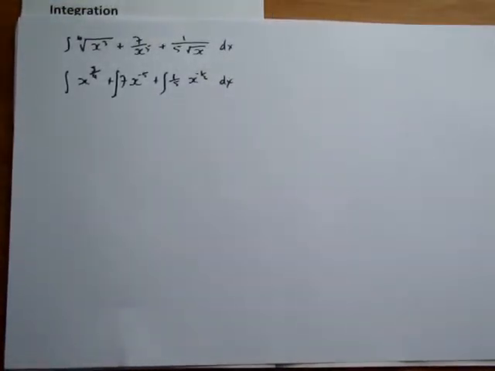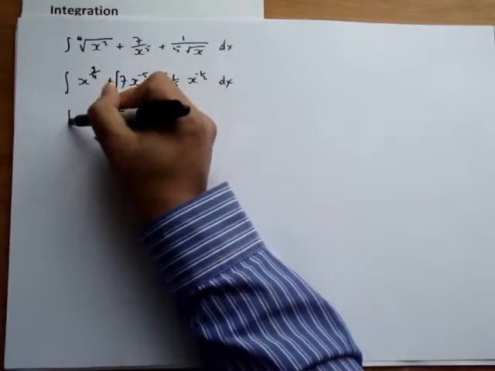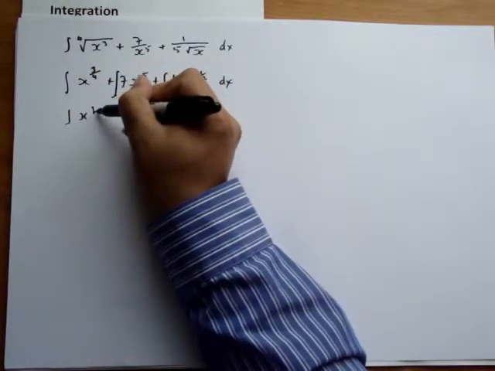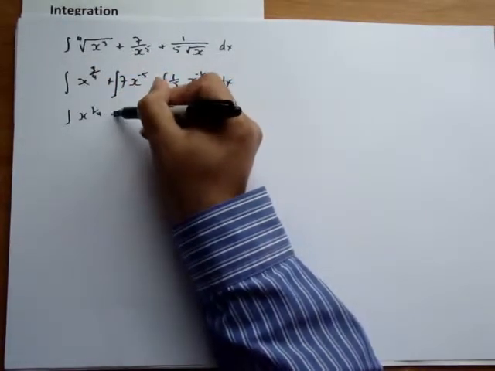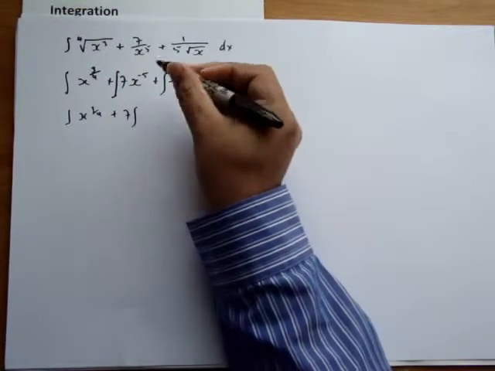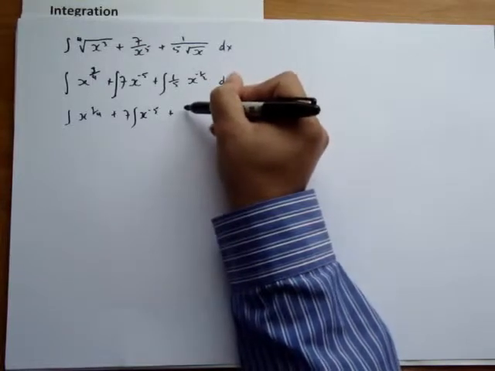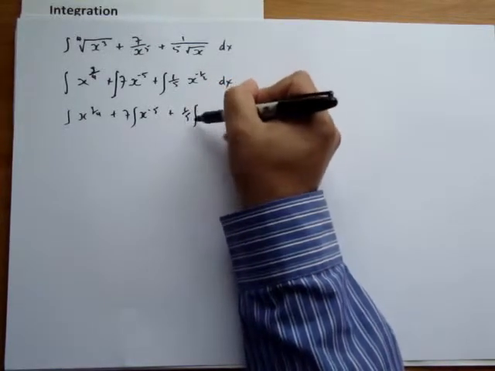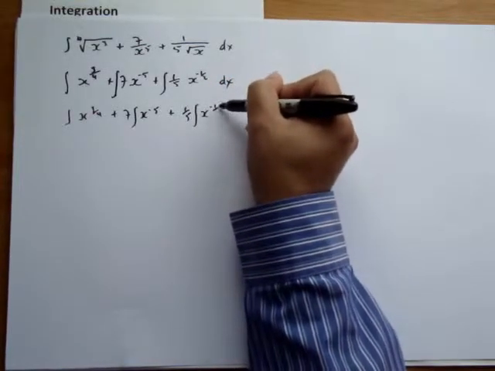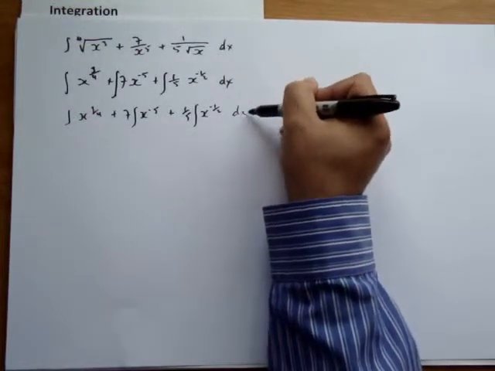Now we can go further, take the constants outside, so that becomes the integral of x to the 3/4 plus 7x to the minus 5 plus 1/5 over x to the minus half dx.